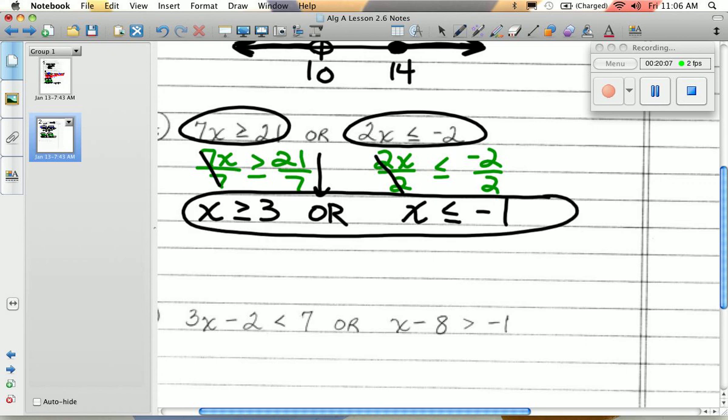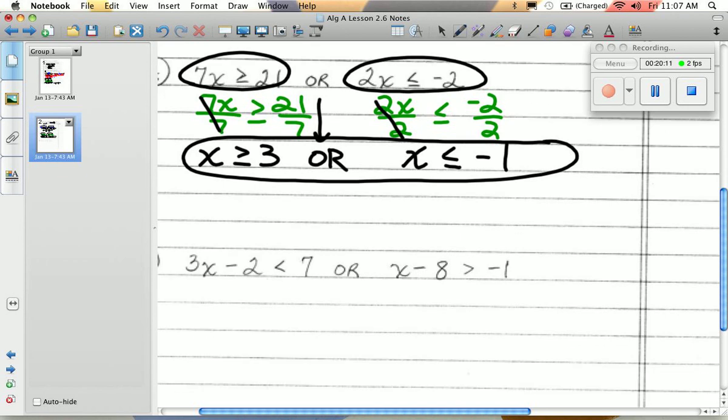Go ahead and try and graph that. Will you look up at mine very quickly and tell me whether I should go on or not? No. Why not? What's the problem? You have negative 1 and positive 3.